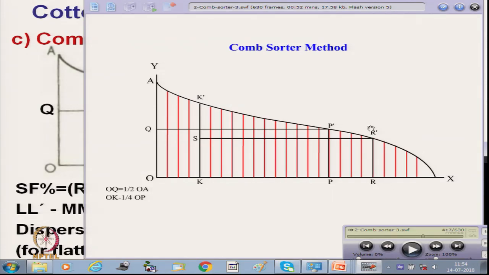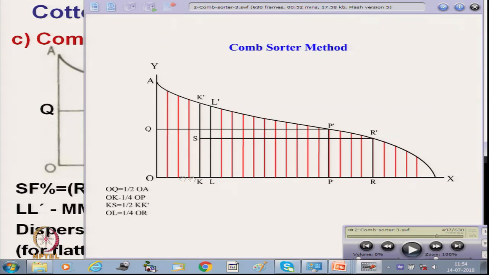From R dash we draw another vertical line R R dash; that is the length, and KS is the half of that.